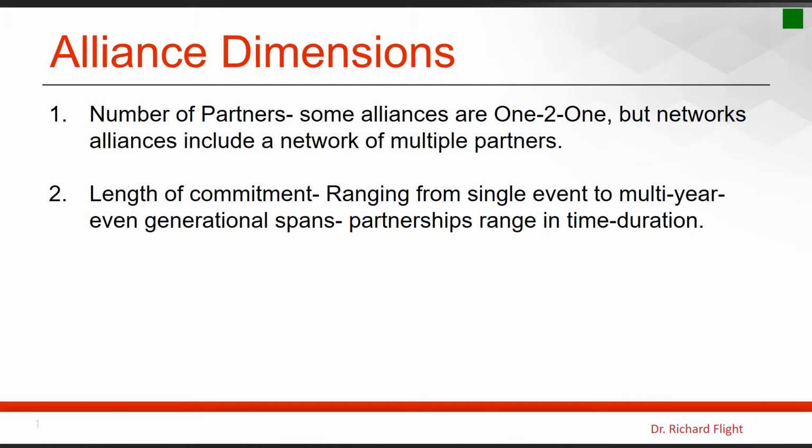Another dimension would be the length of the commitment. This could be a time type of an element or a degree of involvement or commitment level as well. So we could have a single event that is expected to take place at a specific time, and we're coordinating an effort with a nonprofit and a for-profit. They form an alliance to create the event.